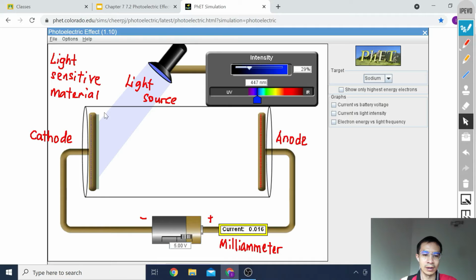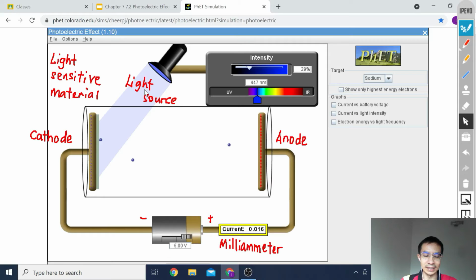Next, let's look at a simulation on photoelectric effect. So what you can see right here is a light sensitive metal surface or cathode illuminated with a certain light beam or light source. So the electrons will be emitted from the metal surface.